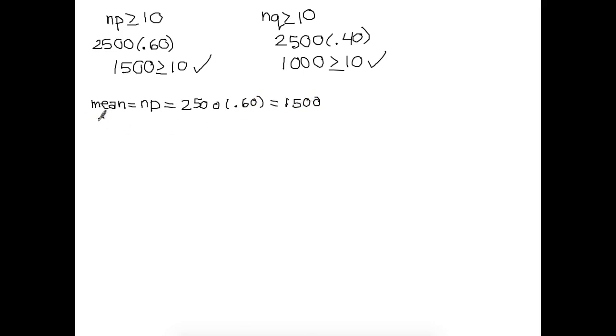And our standard deviation, if we're talking about a binomial model, is going to be the square root of N times P times Q. Okay, so I'm going to substitute that right in there. So that's 2,500 times 0.60 times 0.40.